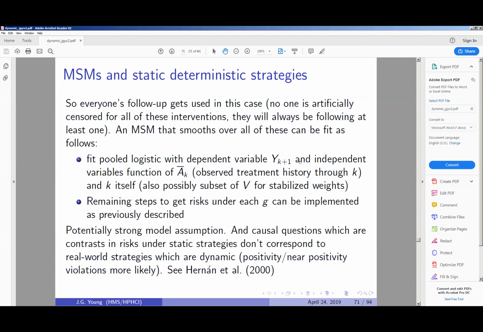And they're also never initiate up to time 4. Everyone who has zeros through time 4 in the actual data is going to contribute to that strategy based on this function of A bar k. So I'm not sure I'm explaining this well, but does that help clarify?